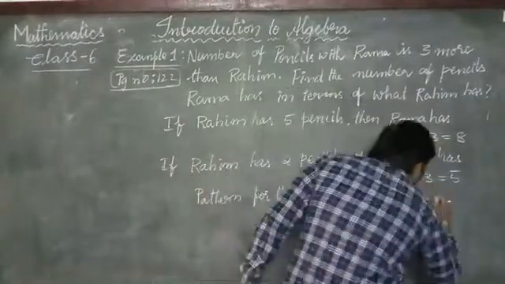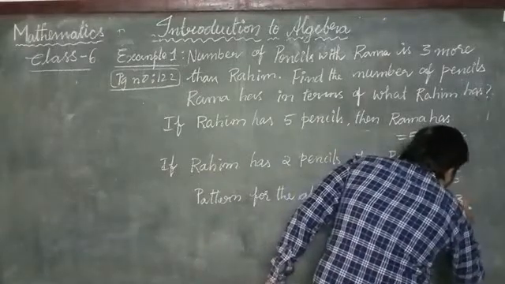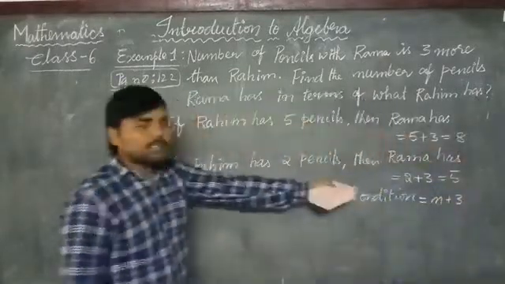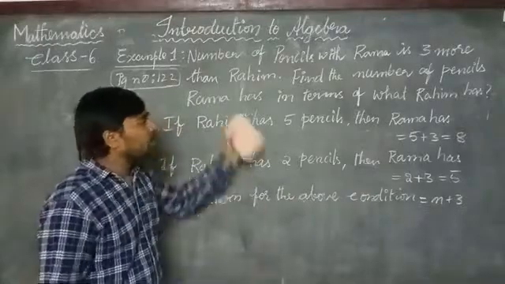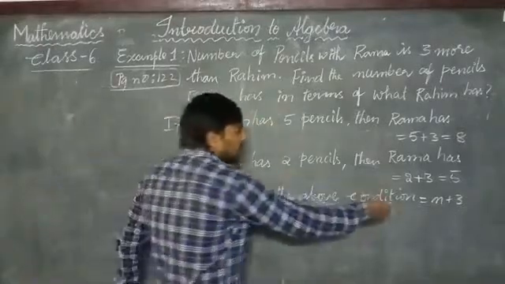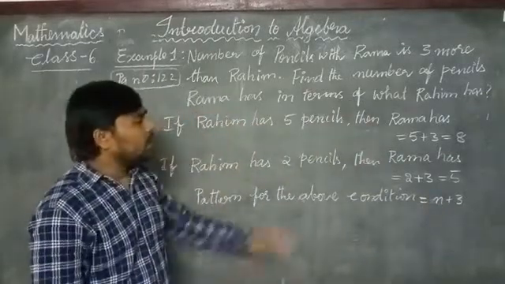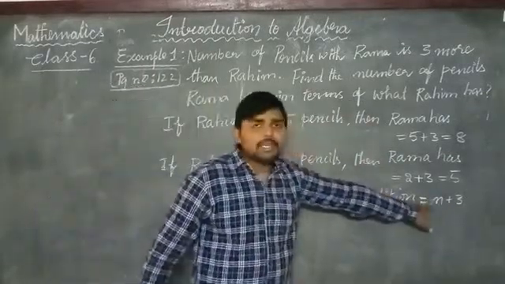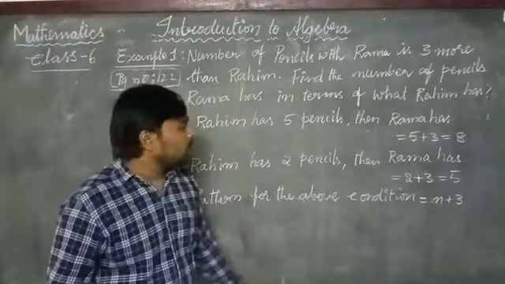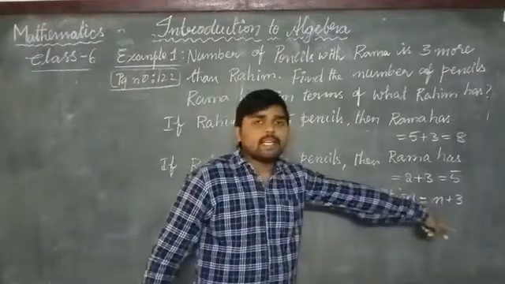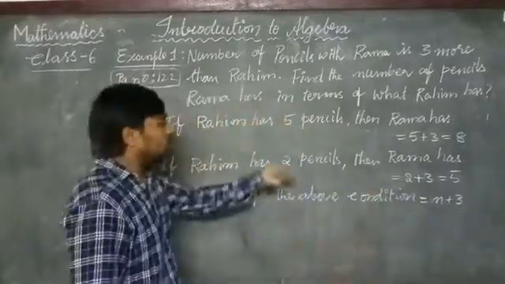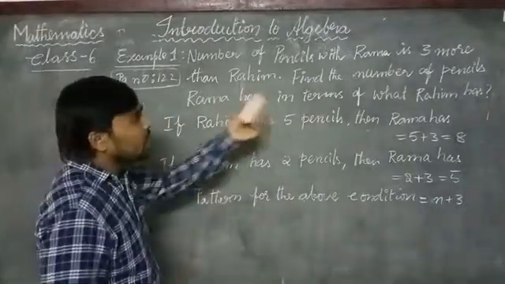That is why it can be written as n plus 3. N plus 3 is the pattern for the given condition. Here n represents the number of pencils with Rahim, and n plus 3 represents the number of pencils Rama has.